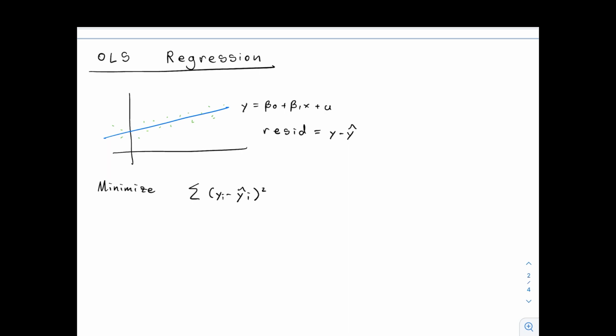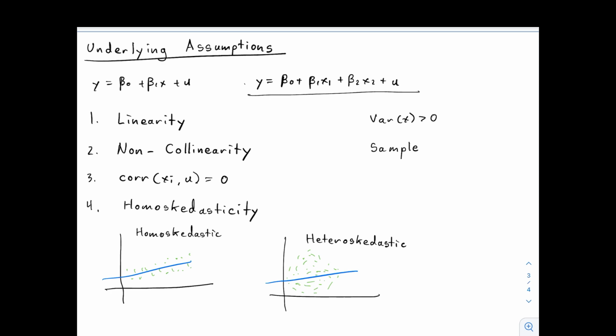If we square each of those and add them up, that gets us a measure of how well our model fits the data, and we want to make that error term, that vertical distance, on average as small as possible. So next we're going to discuss the assumptions that really underlie that model.